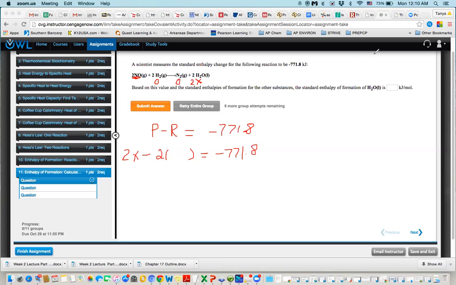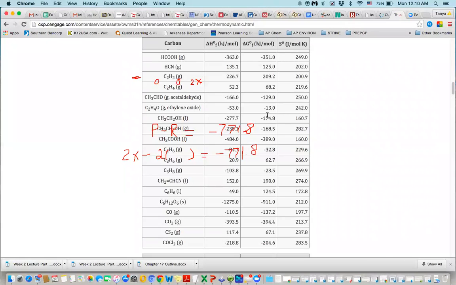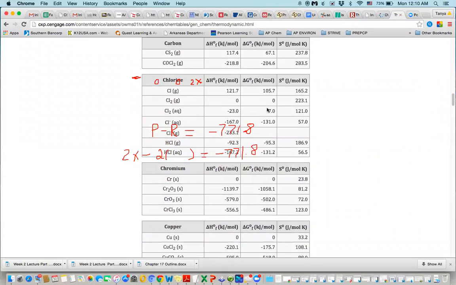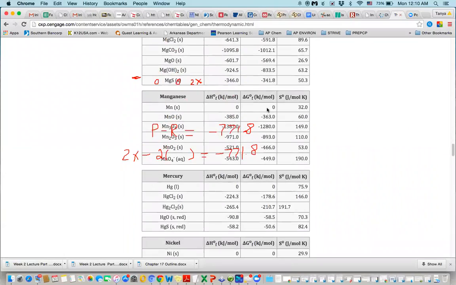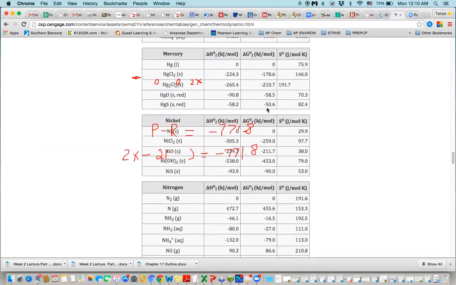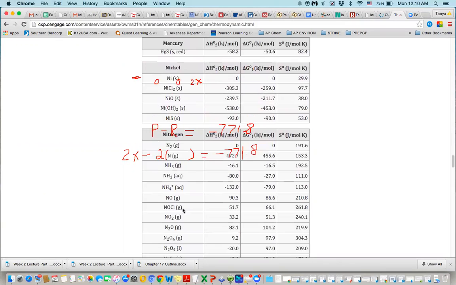Okay, so I'm going to come back over here and I'm going to look at what NO's value is on my thermo table. So let's see, NO, nitrogen. Okay, so NO as a gas is 90.3.